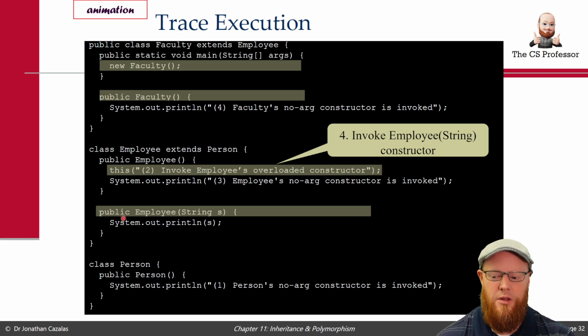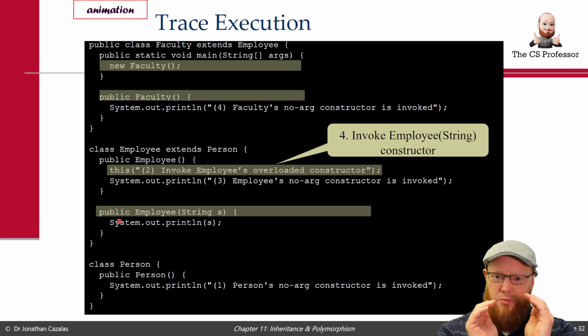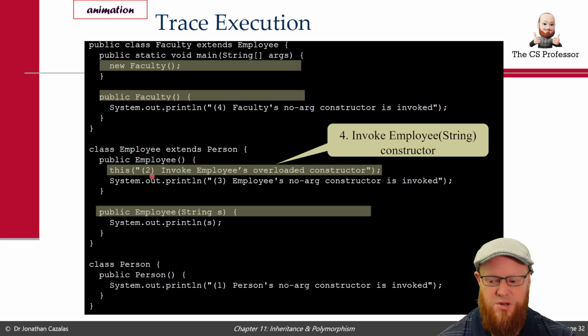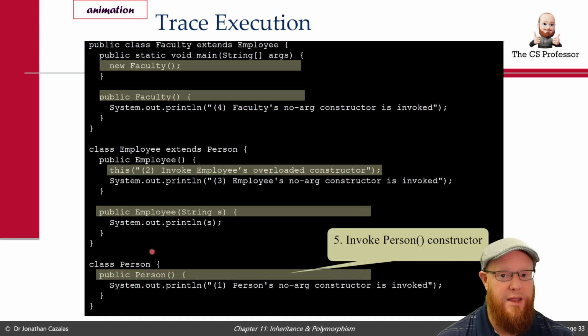The answer is no. Therefore, Java will include an implicit invocation right here. Java will include the word super followed by a pair of parentheses, which is going to have us call who? Well, employee extends person. So when Java includes super with that pair of parentheses, we're going to be calling the no argument constructor of the superclass of employee, which is person. So that's going to bring us right here.